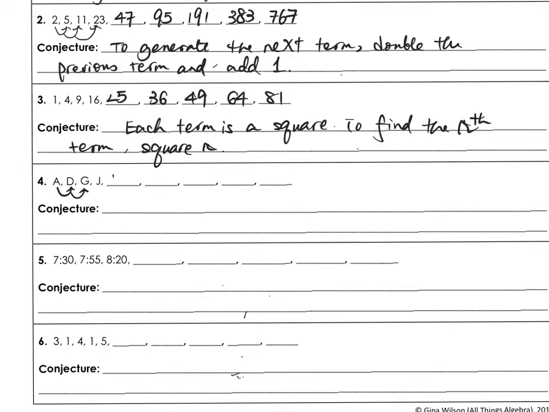After J, I would skip 2. I would have M, then P, and so on through the alphabet.